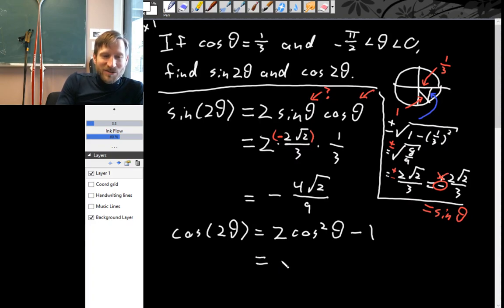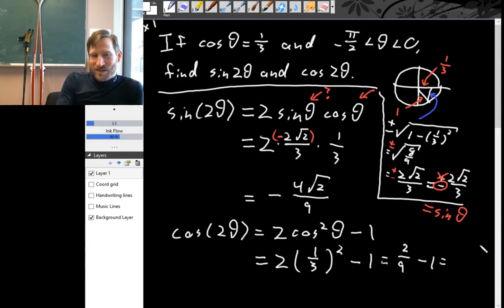And now we know what cosine theta is. It's a third. So now we have 2 times 1/3 squared minus 1. So 1/3 squared is a ninth, so 2 over 9 minus 1. And that is going to be, looks like, negative 7 over 9.